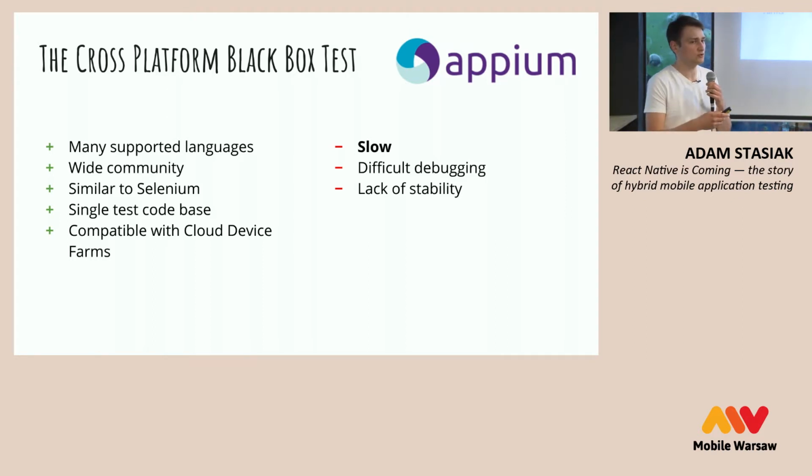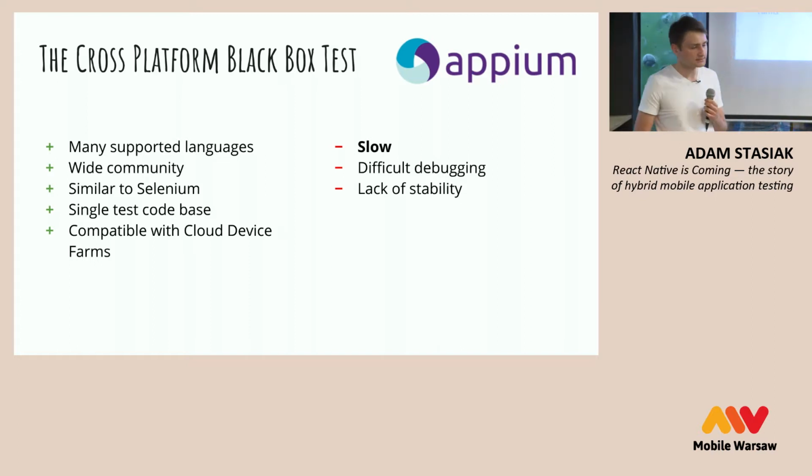Test execution may be 2 hours, 3 hours, but putting any change in our test code and debugging this is terrible. It's a nightmare. Believe me. I was writing code in Appium some time ago, and I don't want to go back to this framework. Also, when I was trying to use Appium for React Native test automation, I faced some problems with lack of stability.